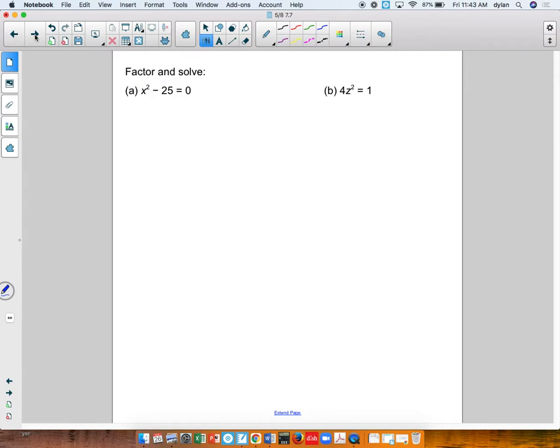All right, so for the first problem here, the first thing I might think about is I might try to rewrite this as x squared minus 5 squared equals 0, if that helps me identify that a is x and b is 5.